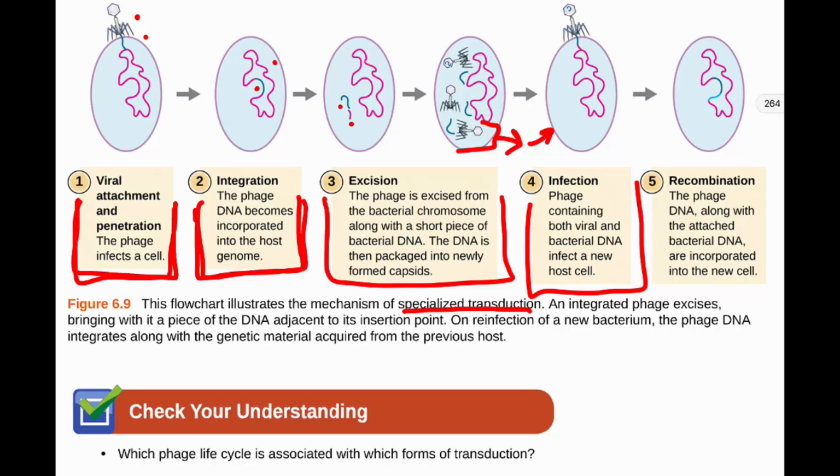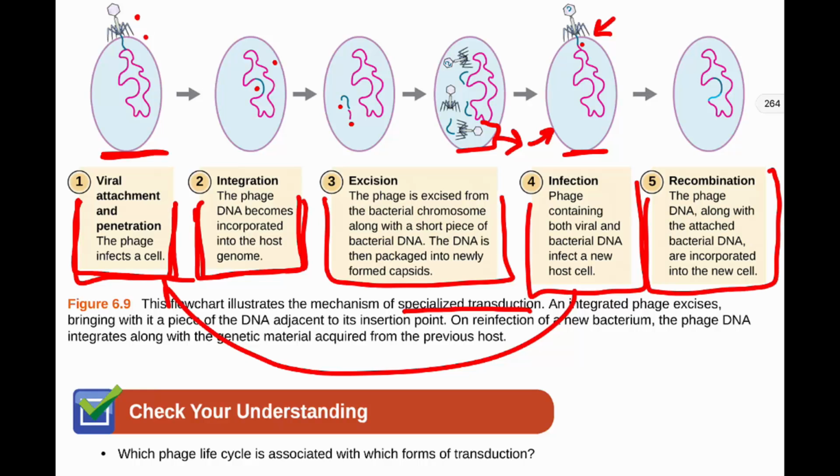And then they're showing here recombination. So the phage DNA along with the attached bacterial DNA are then going to be incorporated into this other bacteria's genome. And that's what they're showing here with this lighter colored blue, the DNA from the original bacteria going into the second bacterium. And then that could be, for example, antibiotic resistance that then is given to another bacterium.